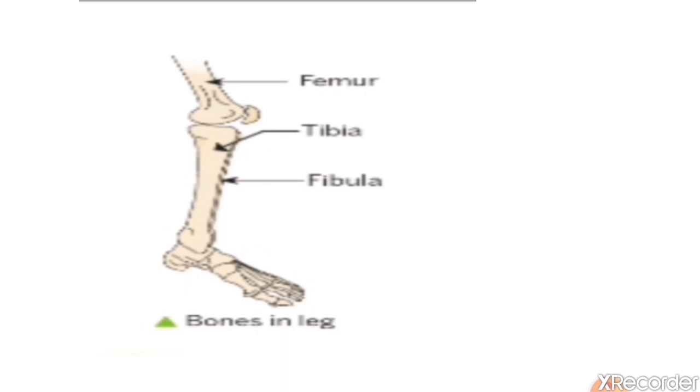Like that, what is the smallest bone in our body? It is not related to our leg. The smallest bone in our body is present in the middle ear. That is called stapes or stirrup.